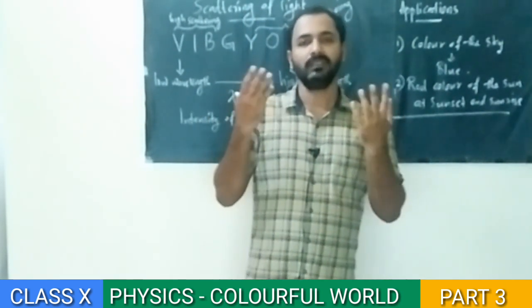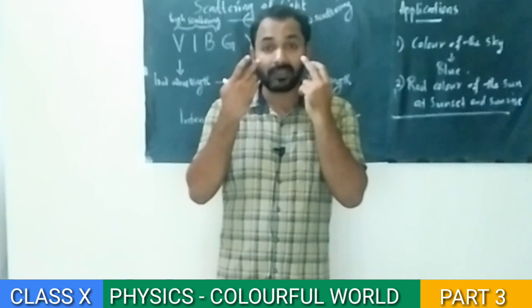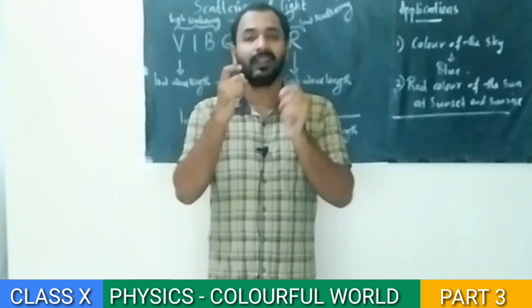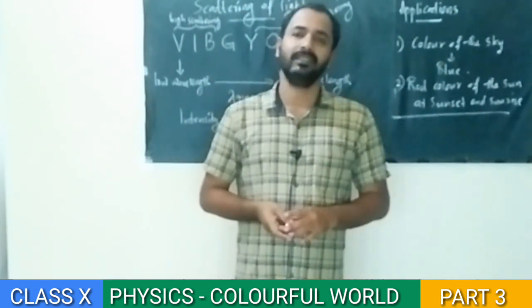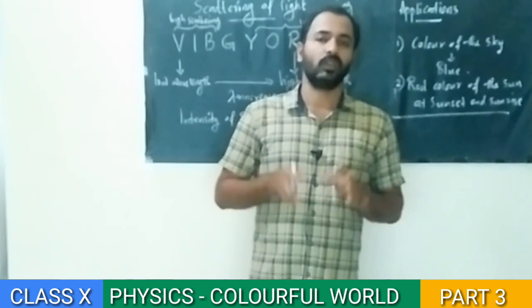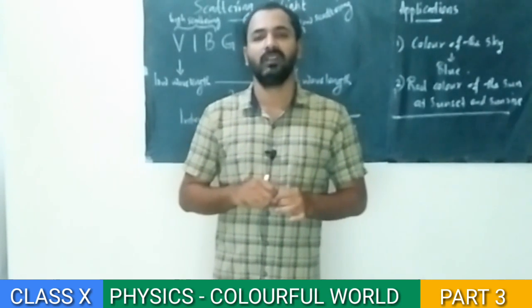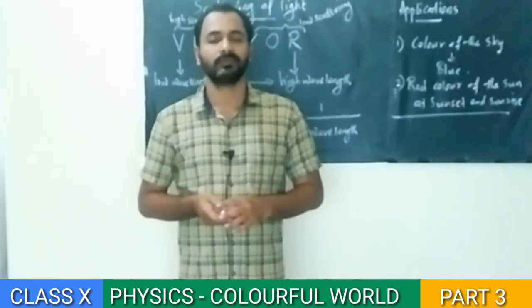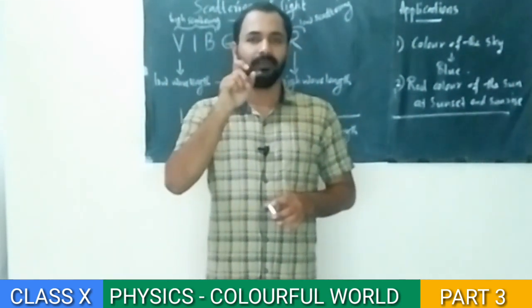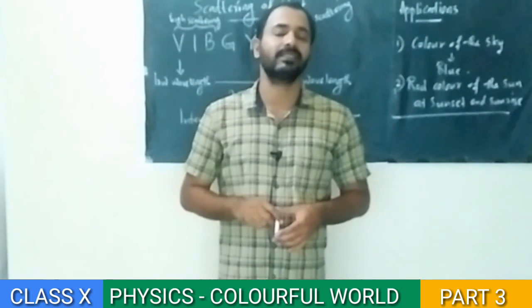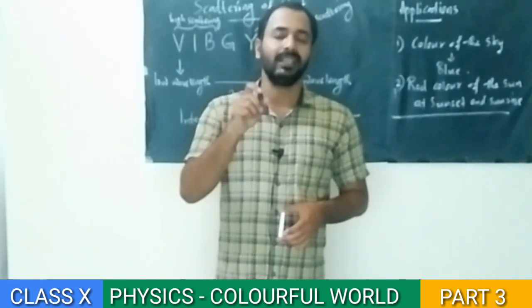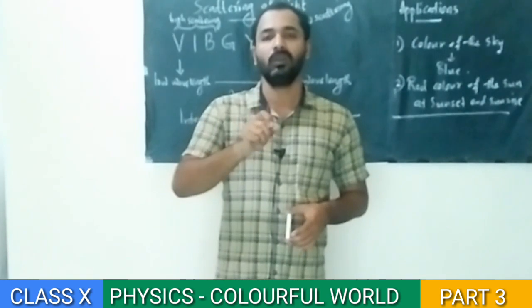Okay, then which colors reach our eyes? First, red color reaches our eyes. Then yellow, orange. The combination of yellow, orange and red is called reddish color. So at the time of sunset and sunrise, the sun appears red or reddish.